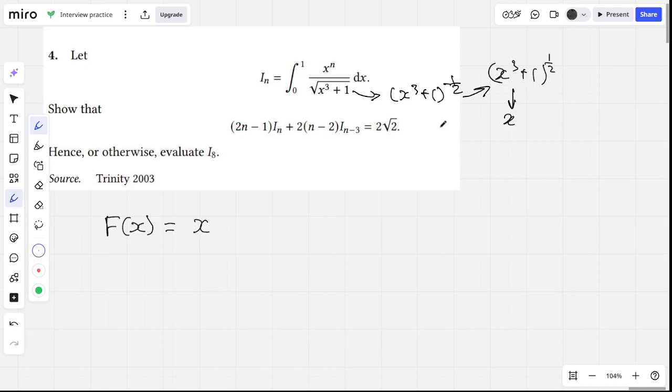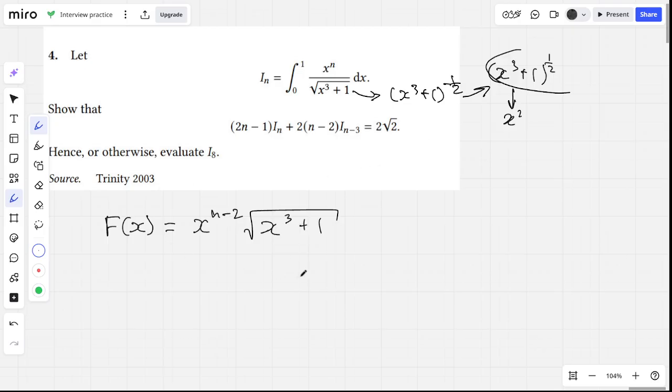I'm going to end up with an x squared in my numerator. Hence, I'm going to consider x to the n minus 2. I'm going to borrow a power of 2 from my x to the n. And I can write it like this.